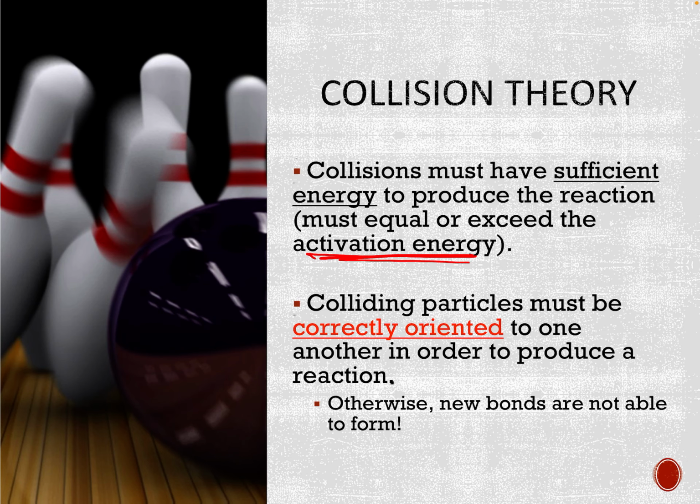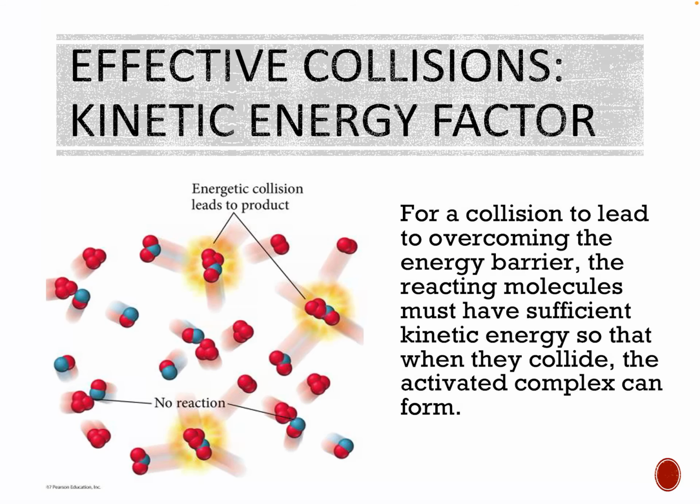You're looking for those active sites in order to cause the reaction. We're looking at much smaller molecules typically in chemistry, but they still need to bump into the right side of the molecule in order to cause this reaction to go. So they need to have enough energy and they need to be oriented correctly in order to produce the reaction. If they're not facing the right way, we can't form our new bonds.